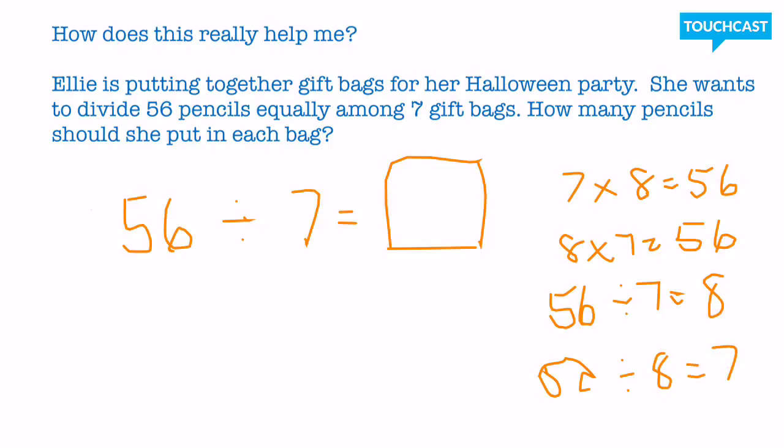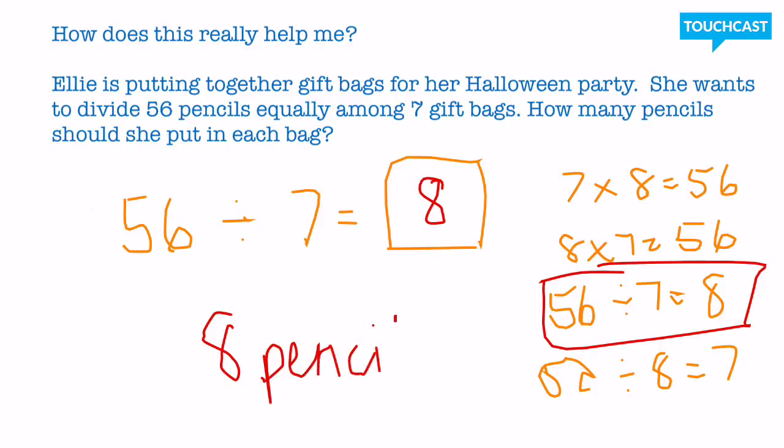So tap into those fact families for a second and recognize something that I saw here. I know that 56 of something divided by 7 equals 8. I didn't even have to use standard long division to solve this problem. So how many pencils should she put in each bag?